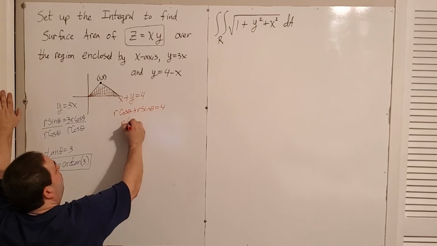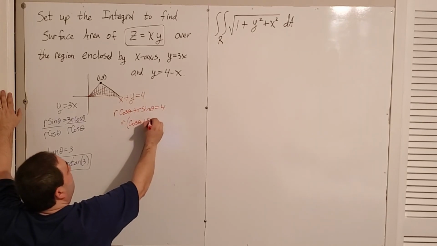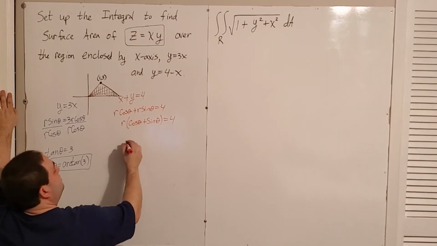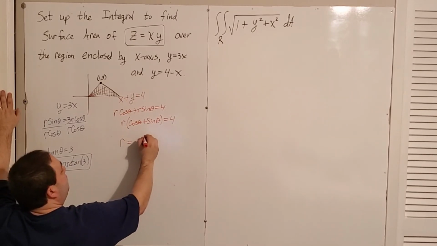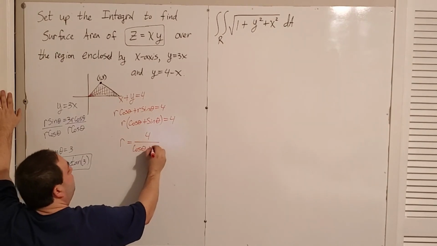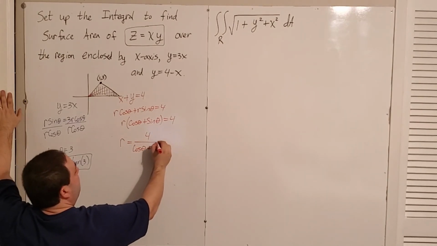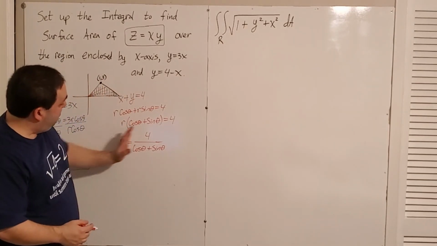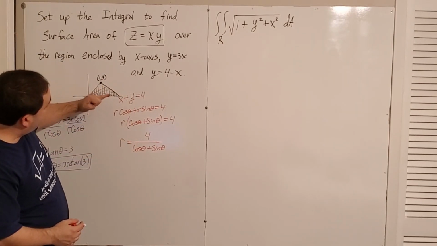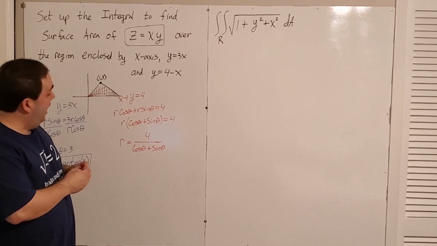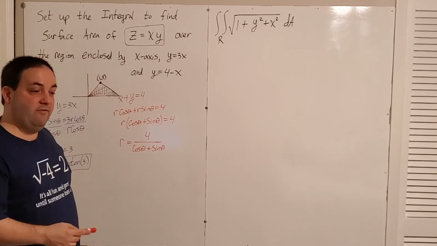Factor out an r, and then divide to solve for r. r equals 4 over cosine theta plus sine theta. So notice what that's giving me is a measurement of r as theta changes. So I can definitely now integrate my r's in that fashion.